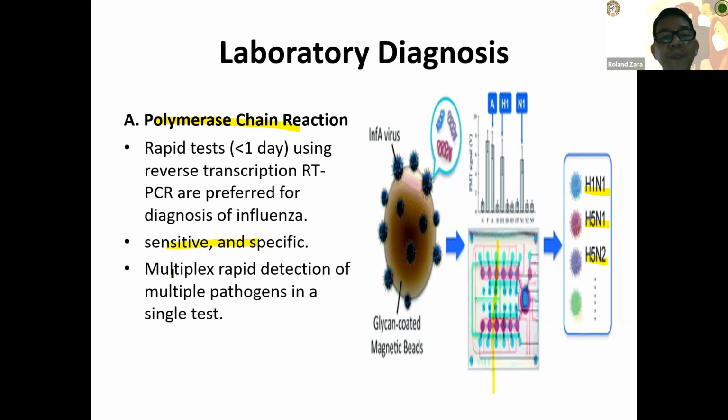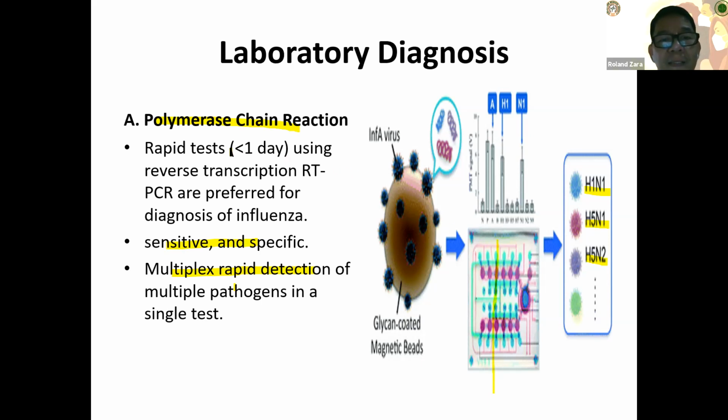So you have multiplex rapid detection, multiple pathogens in a single test. For example, a single test can detect SARS-CoV-2, influenza, adenovirus, and parainfluenza. So there are multiple viruses that can be detected by your PCR. It is very expensive, around 23,000 for a single test.